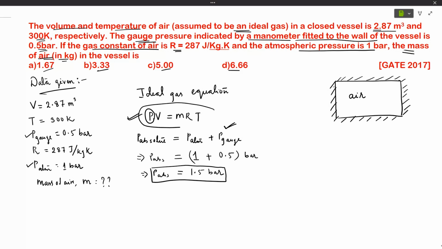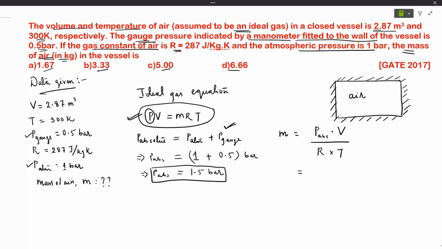If we rearrange it, we have M equal to P absolute into V by R into T. Here we substitute P absolute 1.5 bar, V equal to 2.87 meter cube, R equal to 287 joule per kg Kelvin, and temperature T equal to 300 Kelvin.